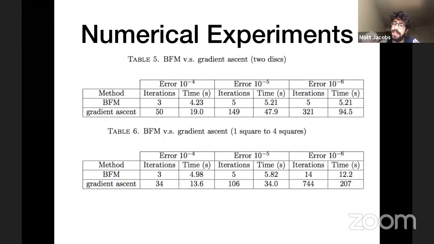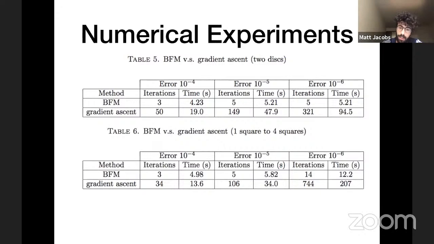I want you guys to look at this second table here, because this is giving a comparison between how fast you can solve this problem if you do the back and forth method, where you do these alternating gradient ascent steps on both problems, versus just doing gradient ascent on only one of the two problems. So you see, if you only do gradient ascent on either I or J, it's way, way slower.